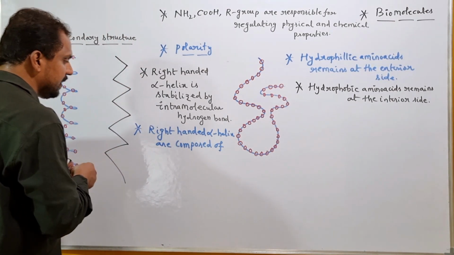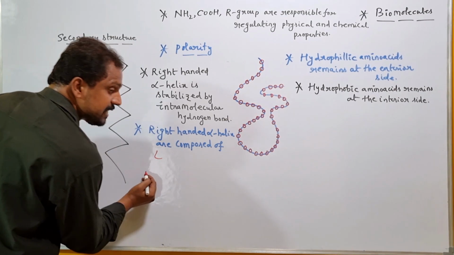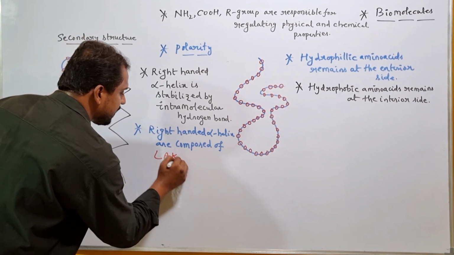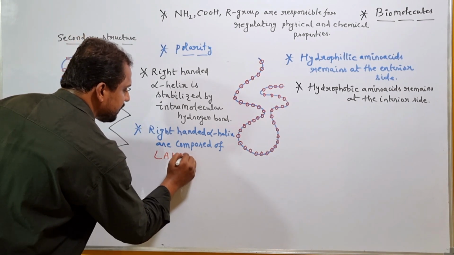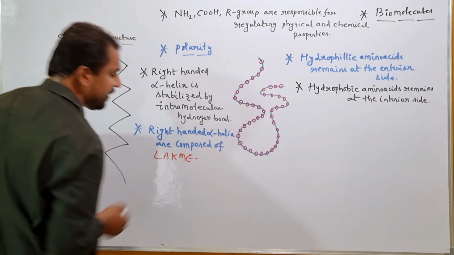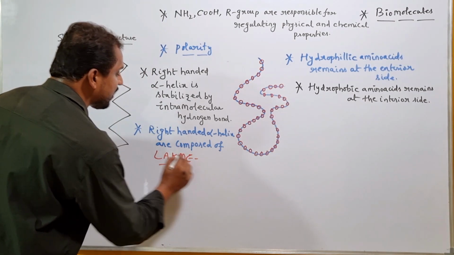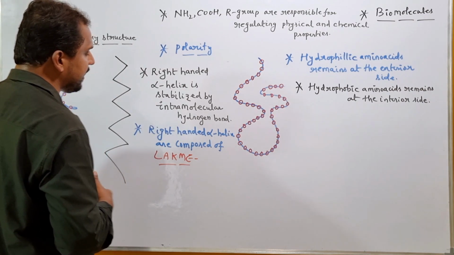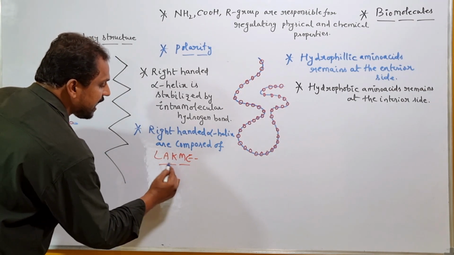Here L stands for leucine, A stands for alanine, K stands for lysine, M stands for methionine, and E stands for glutamate. So here they are simply termed LACME amino acids.